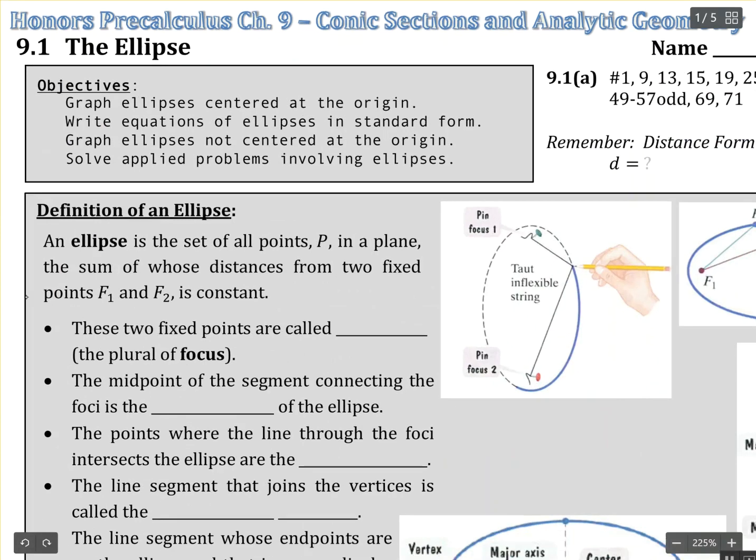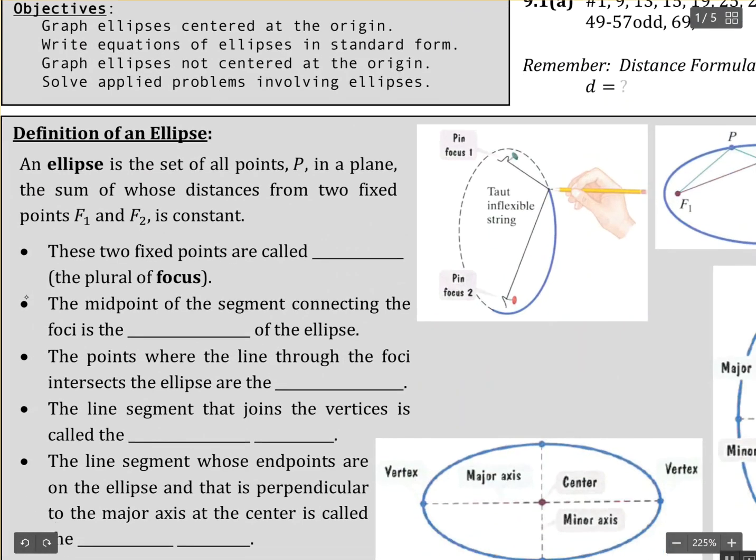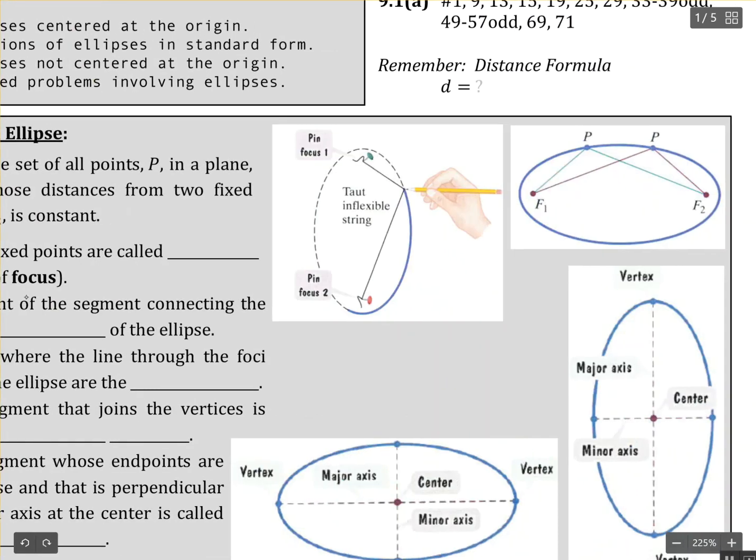So an ellipse is a set of all points P in a plane, the sum of whose distances from 2 fixed points F1 and F2 is constant. So again, here's a way of drawing it. The idea is that this string is constant. So this distance plus this distance has to always be the same.